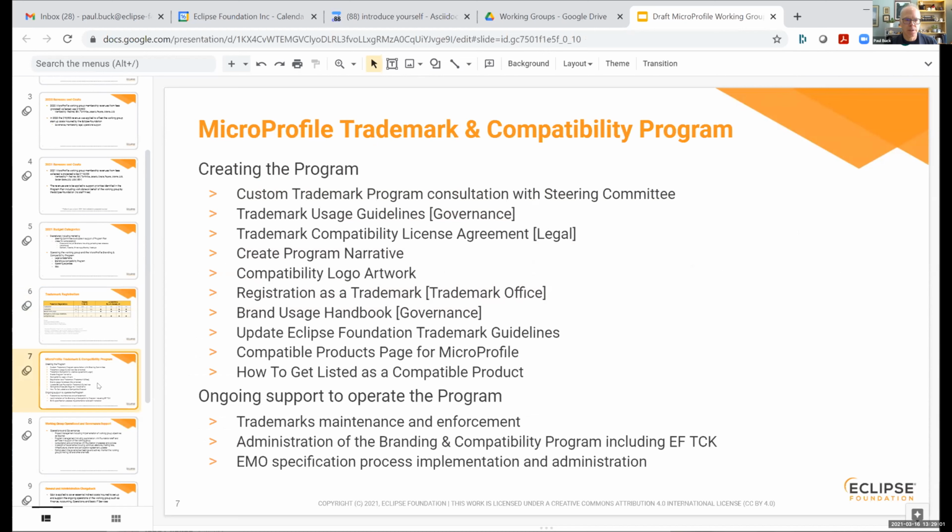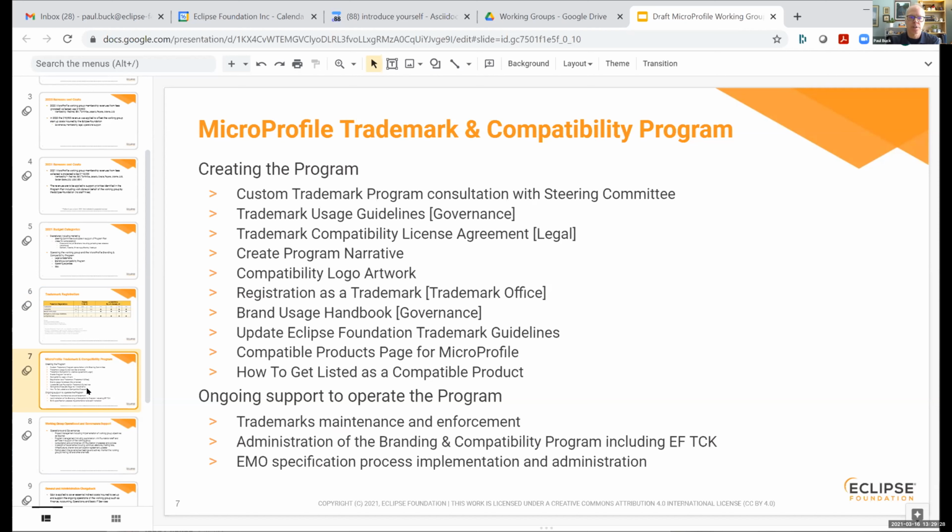Next area of focus is the trademark compatibility program for MicroProfile, and the items here are really the trademark compatibility system that we put together for Jakarta. What we've sized for creating the program very much aligns with a Jakarta style program for MicroProfile.